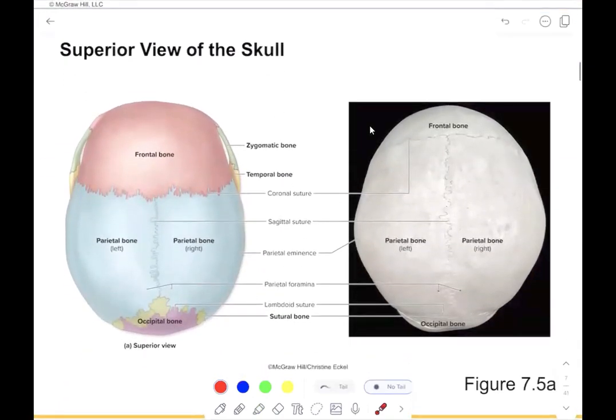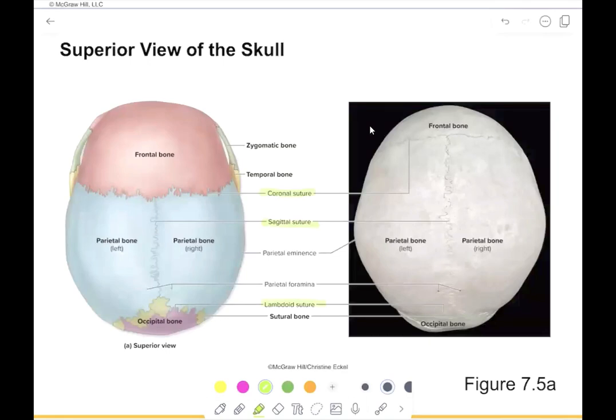When we look at the superior view of the skull, we can see the frontal bone, the 2 parietal bones, and the occipital bone in the posterior region. Notice there are joints found between these flat bones called sutures. So it's going to be important for you to know the names of the sutures, like the coronal suture, sagittal suture, and lambdoid suture.